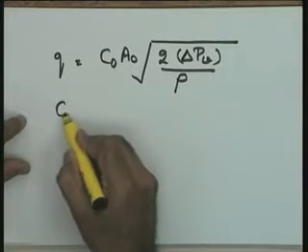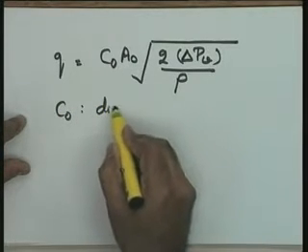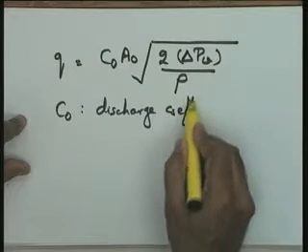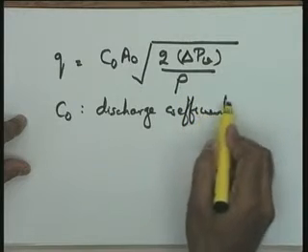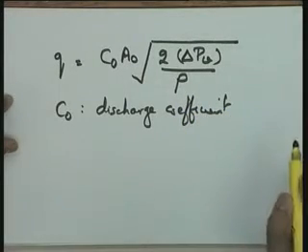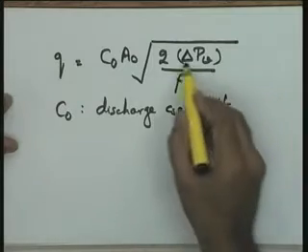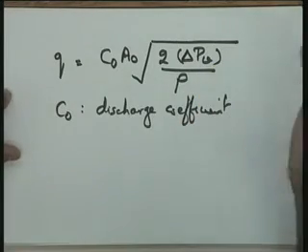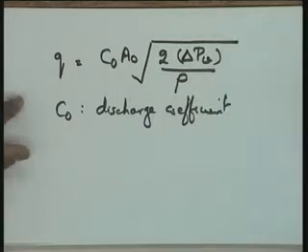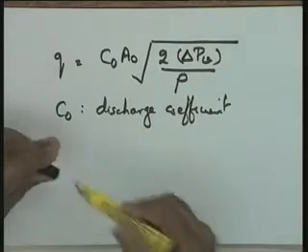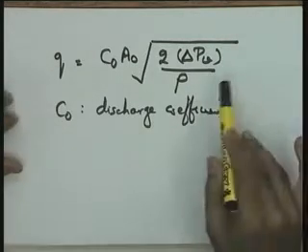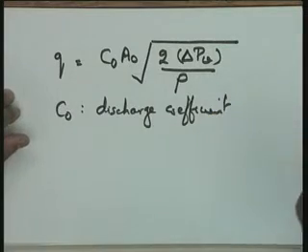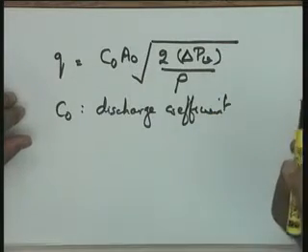You can see this, C naught is discharge coefficient, A naught is the area open to flow, del PV is the pressure difference across the orifice, in this case control port, and rho is the density. This relationship we have already seen between Q and the pressure across a port, and this nonlinear relationship is there across this particular port as well.